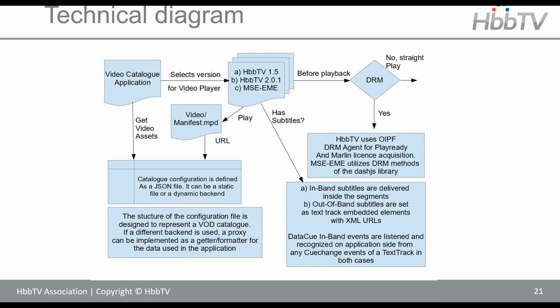Depending on the DRM, it will use the DRM agent and a license acquisition library for acquiring the correct license. And if it has subtitles or events, it goes a little bit differently.